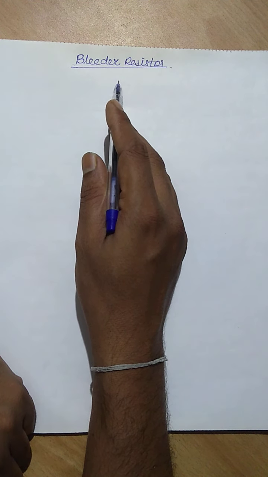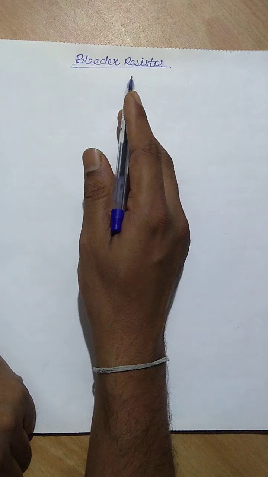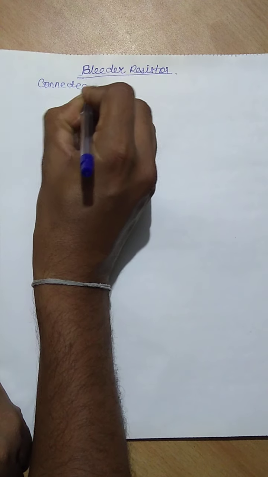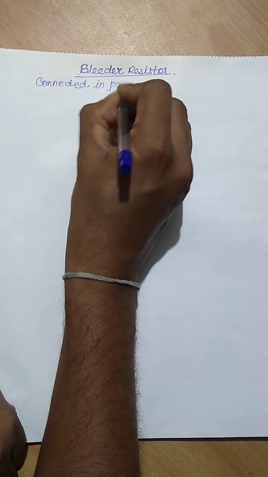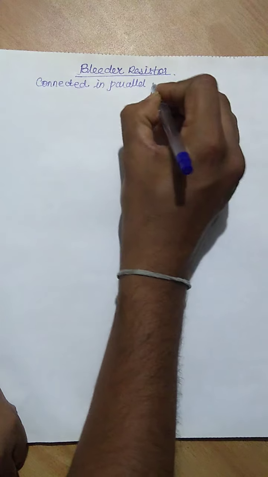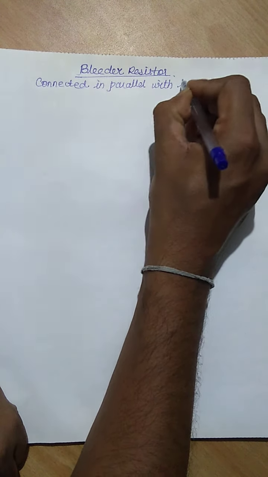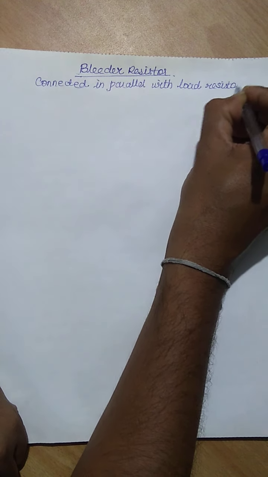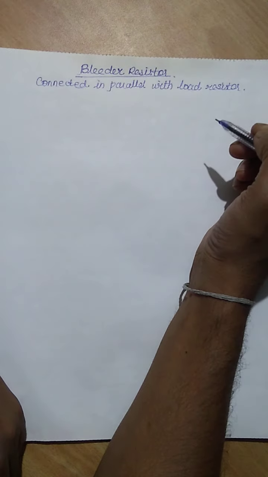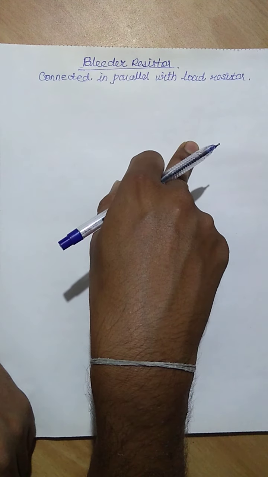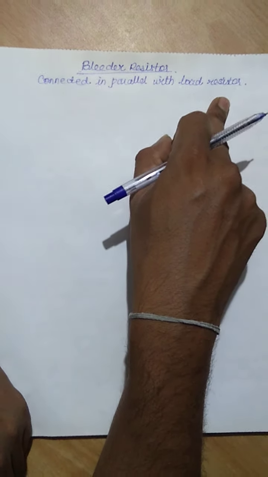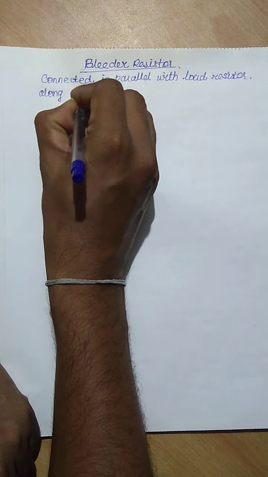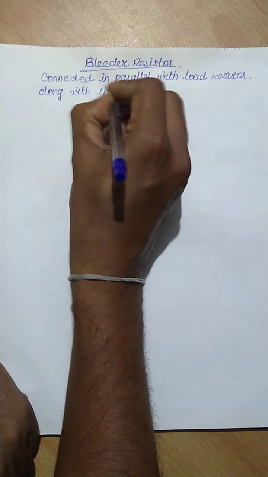So bleeder resistor is a resistor which is connected in parallel with the load resistor along with the filter circuit.